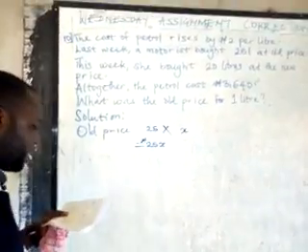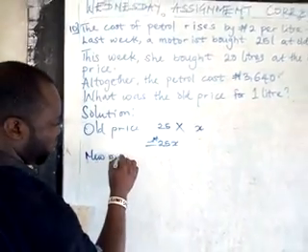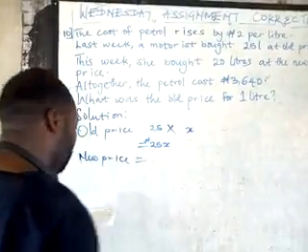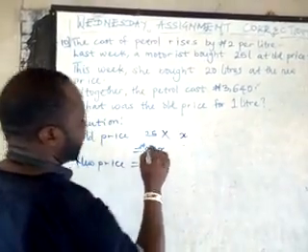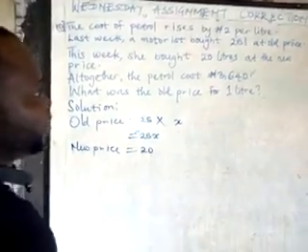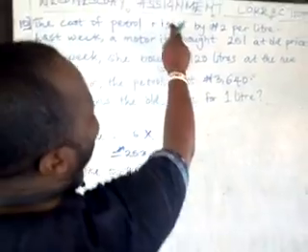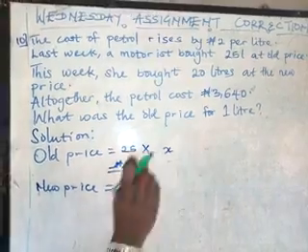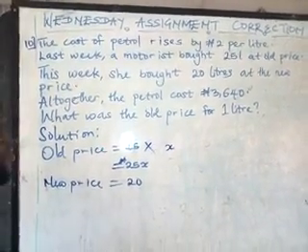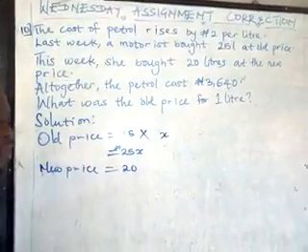Now, we can say the new price, from what we are told, will be 20 liters times what? Note, we are told that the cost of petrol rises by 2 naira. So whatever we have as our old price, for the new price, it will be old price plus 2 naira. I want to believe you are getting that now.